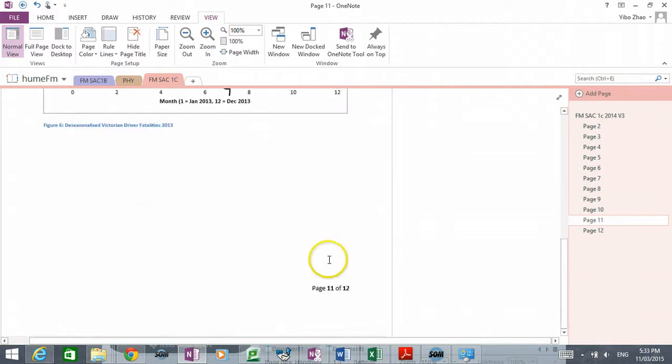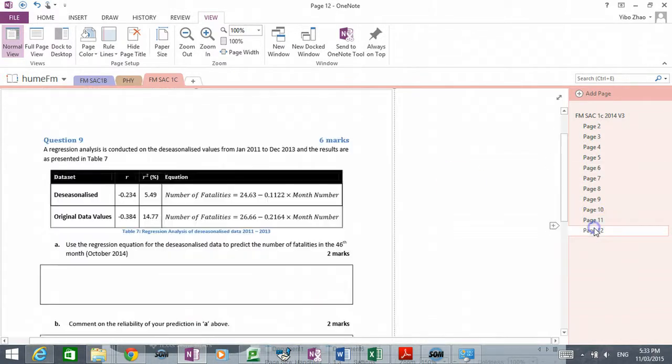Now let's go to the last question, question 9. In question 9, we have equations for the deseasonalized data and the equation for the original data.